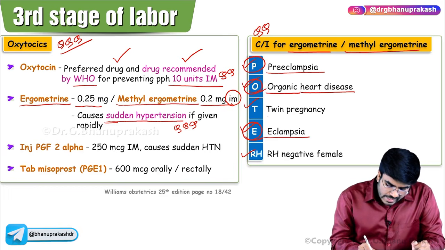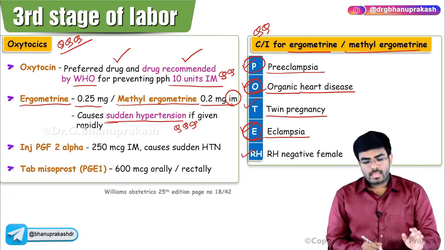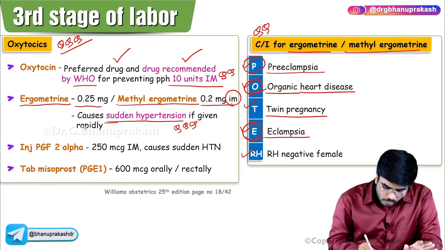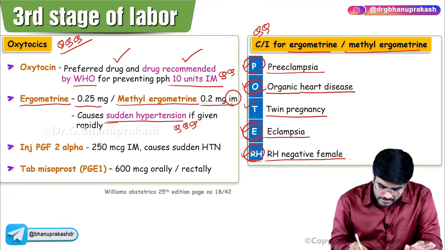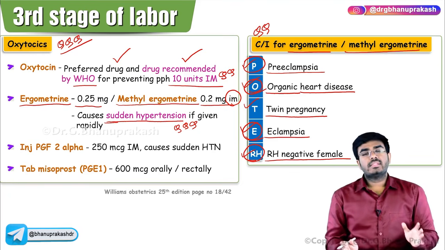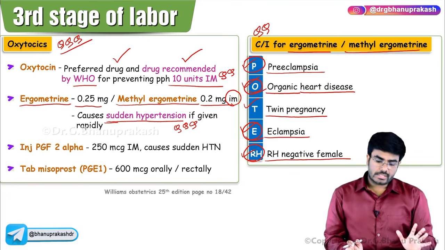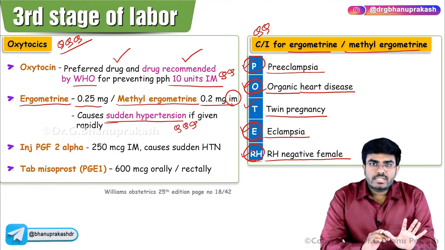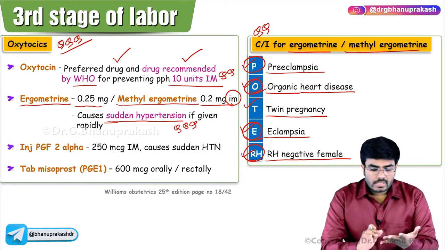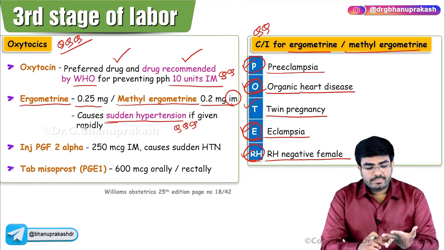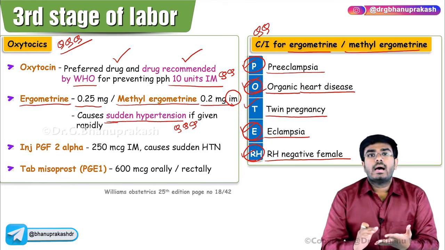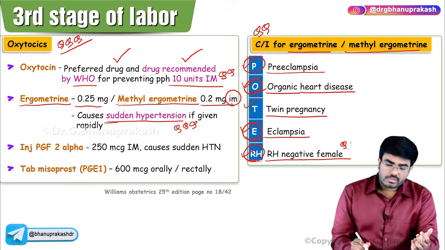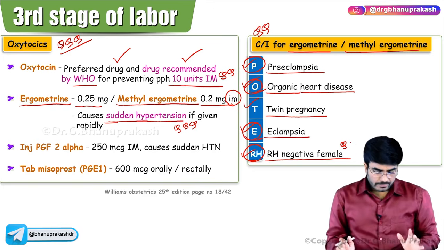If a female is having twin pregnancy, don't give methyl ergometrin, and this methyl ergometrin should not be given in a Rh negative female, okay. These are very important contraindications. So POTER: preeclampsia, eclampsia, a female with organic heart disease, twin pregnancies, and a female who is Rh negative. So these are the places where ergometrin should not be given.